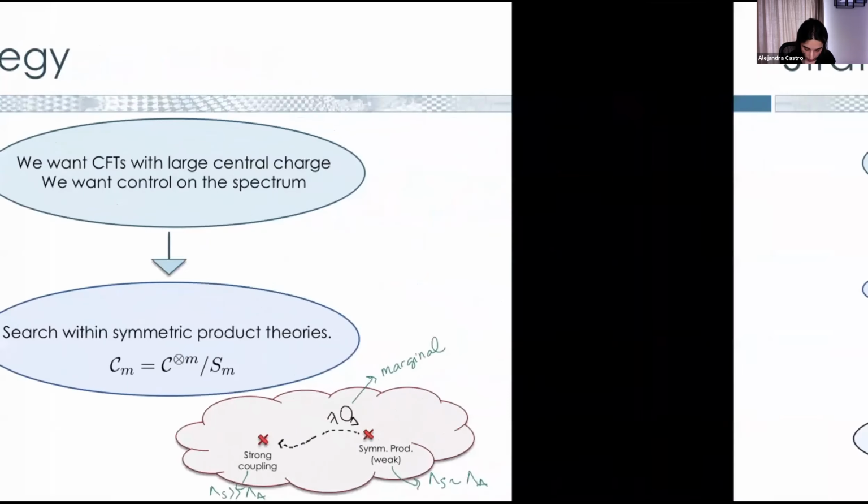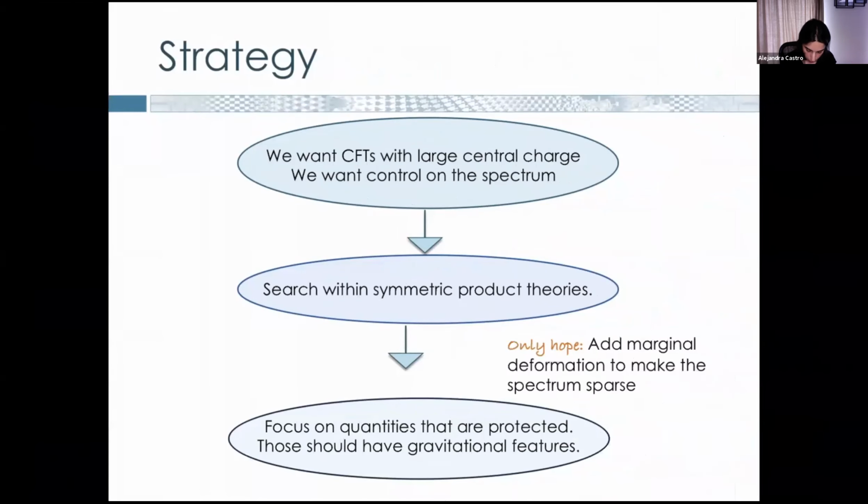So our hope, given that I decided to study symmetric product theories, the only hope that I have at this point is to think that I will have to add some marginal deformation. This will modify the theory, and it will make it move in this moduli space. It will make this spectrum look more sparse. It will basically make it go from fast to slow.